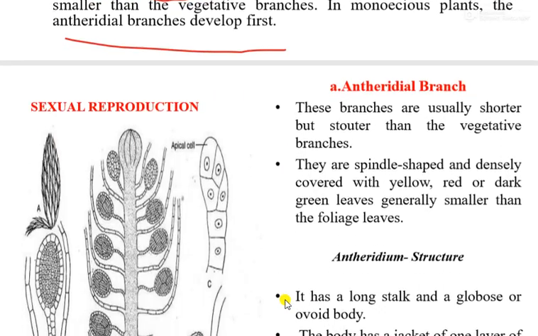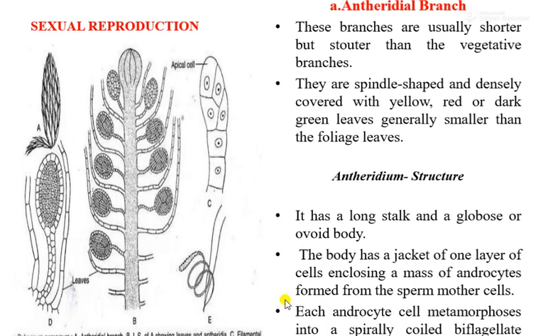Now let's begin with the antheridial branch. See the diagram given at the left side of the page. Do you see this diagram marked as A? This structure is known as the antheridial branch. These branches are usually shorter but stouter than the vegetative branch.